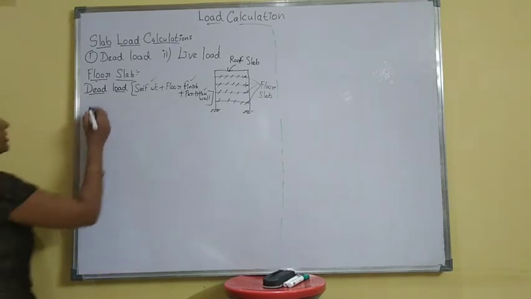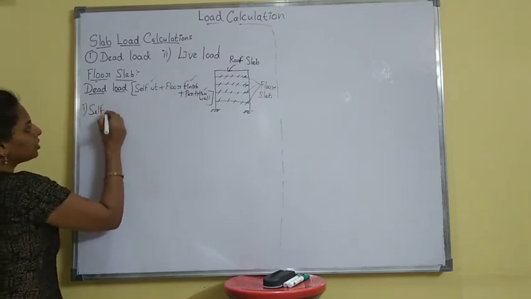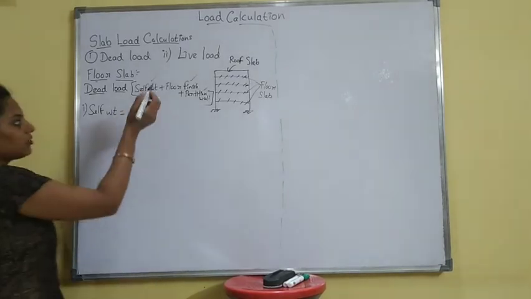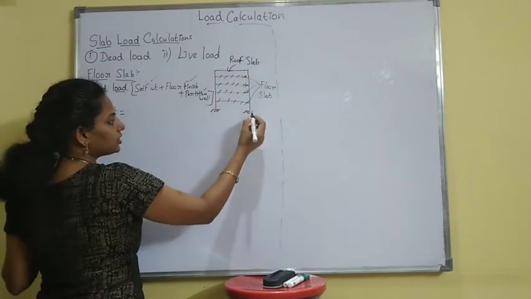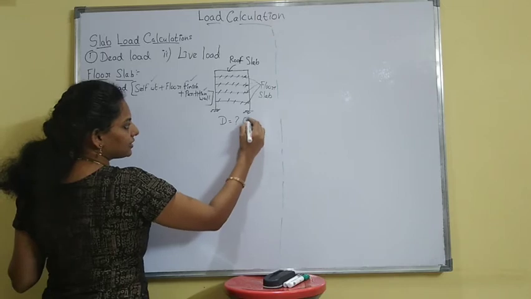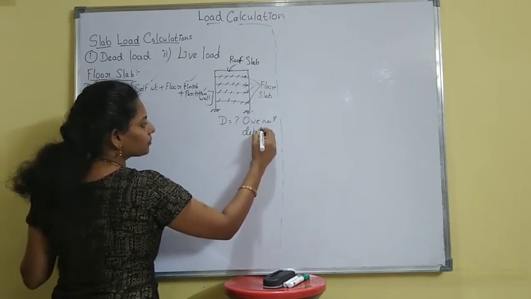Okay, the first one is self weight. How to calculate this self weight? Self weight depends on the cross section you are taking. Initially you will consider the capital letter D, which is the overall depth of the slab.